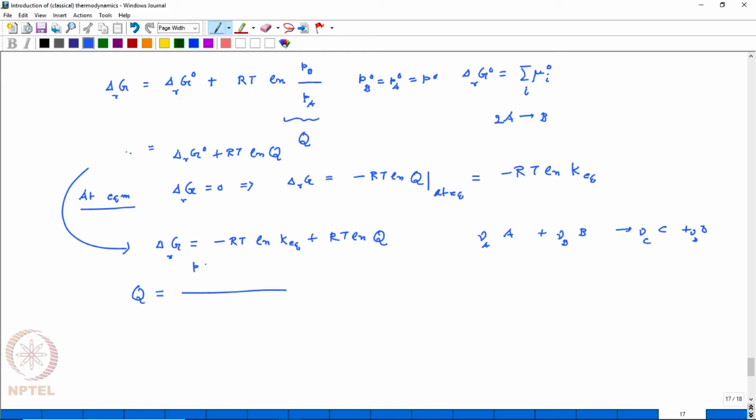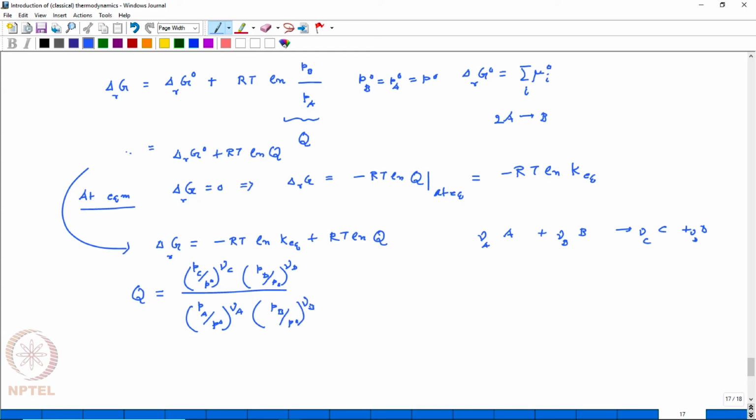We will have Pc by P0 to the power nu C, Pd by P0 to the power nu D, and then we'll have PA by P0 to the power nu A, and PB by P0 to the power nu B.